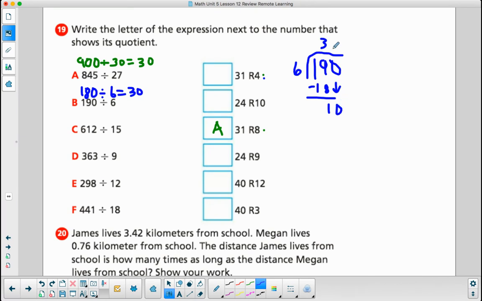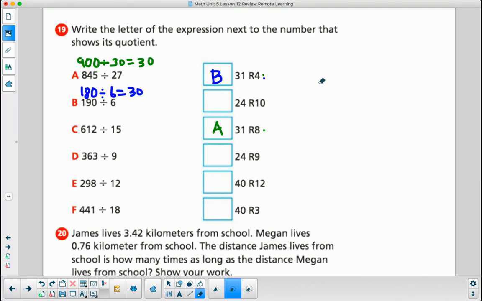There are 6 in 10 ones. 1 6 is 6. Leaves me with a remainder of 4. Oh, 4. I can't subtract. Sorry about that. 31 remainder 4 is this one. So B it is. So that took care of my 30s. The only ones left are in the 20s or the 40s. So they're quite different.